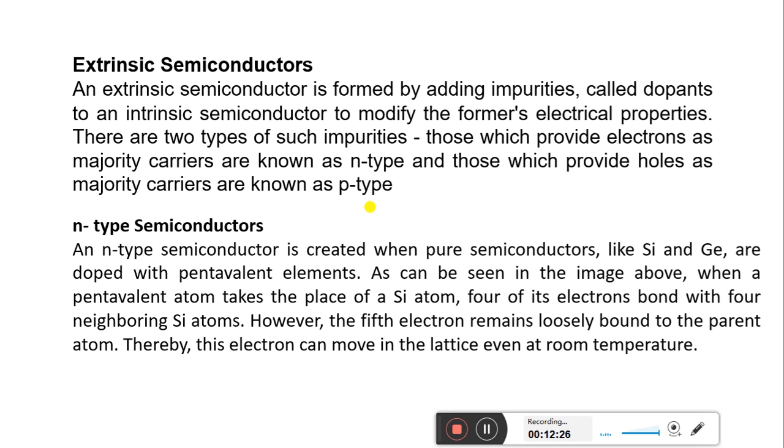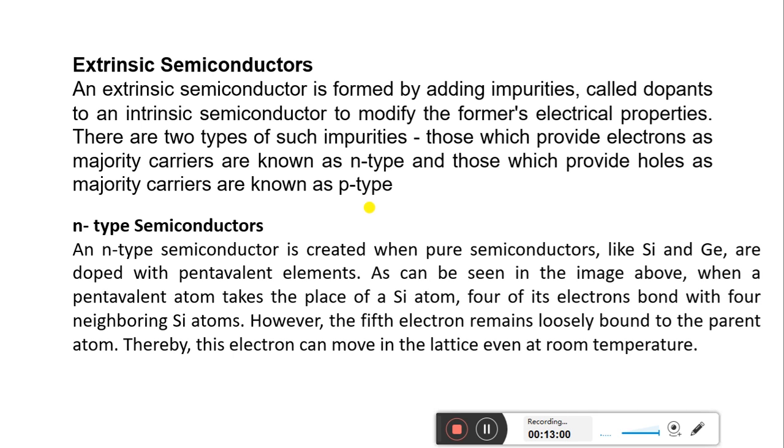So 4 of these electrons will share with the 4 silicon atom electrons, but still one electron will remain alone, because there is no pair going to exist for that electron. So that electron remains loosely held by the parent atom, and thereby this electron can move freely in the lattice even at room temperature.